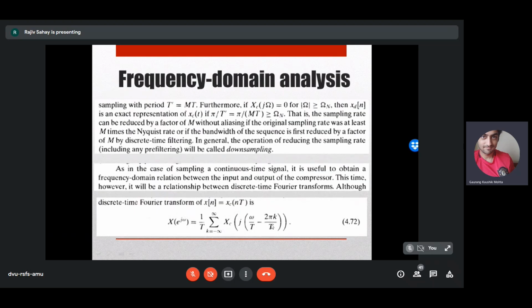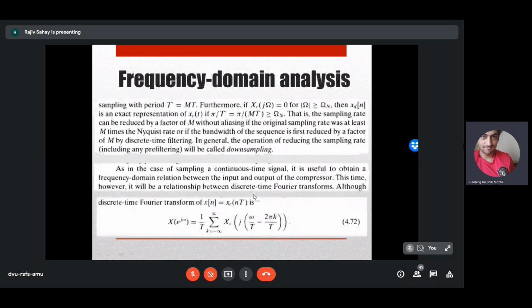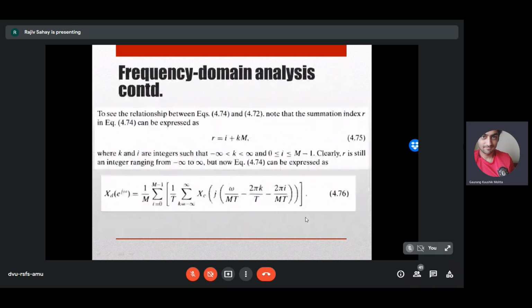Here it is 2 pi k by t. So 2 pi k by t is still there. And you have now omega by mt minus 2 pi I by mt. Okay. So this entire part can be written as x e to the power j omega minus 2 pi I by m.